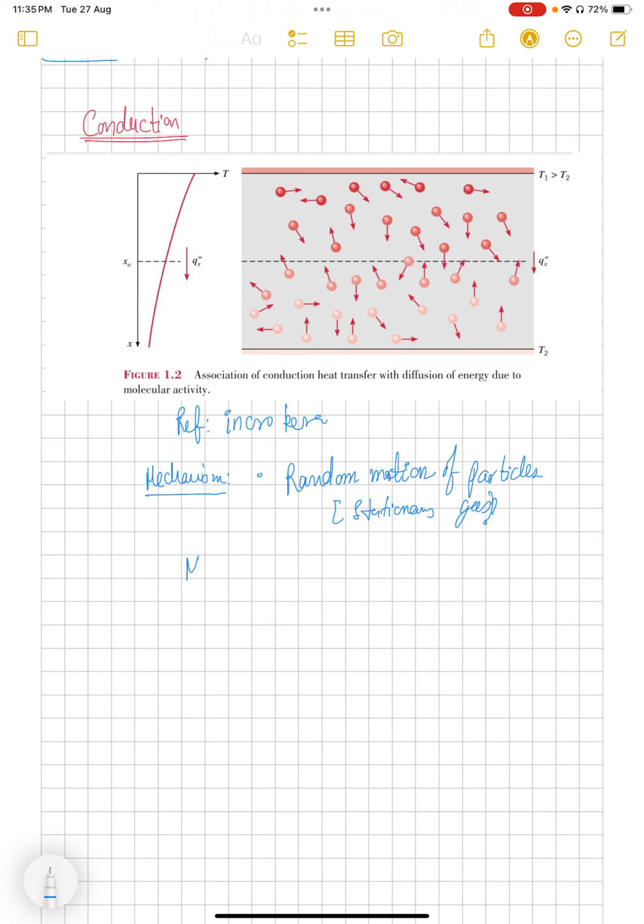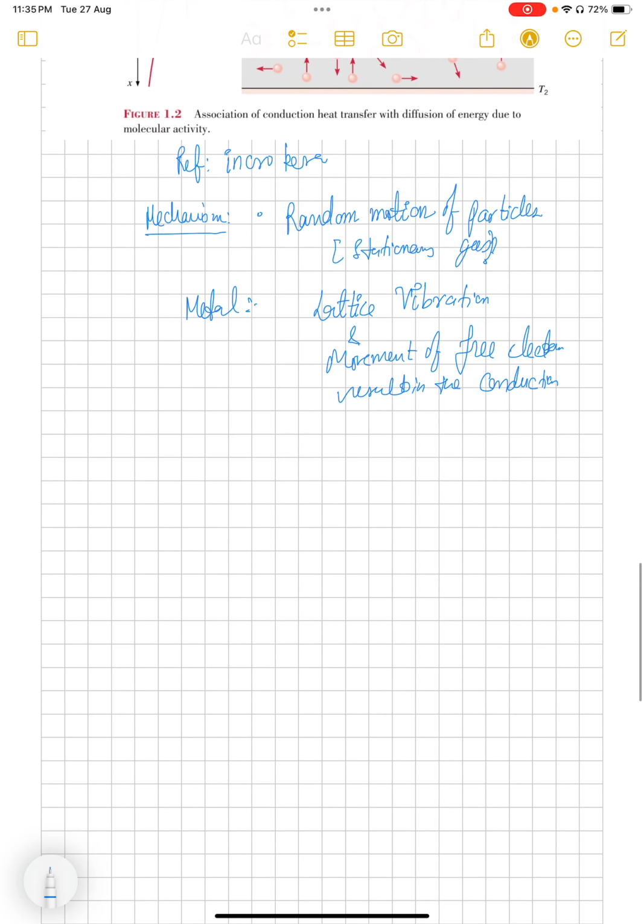But if it is metal, then it is lattice vibration and movement of free electrons that results in conduction. Insulators don't have free electrons, so they have less thermal conductivity.